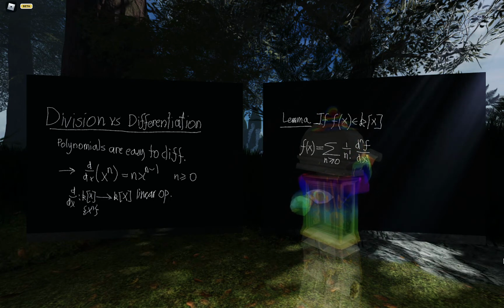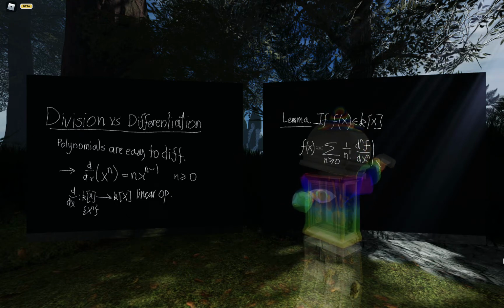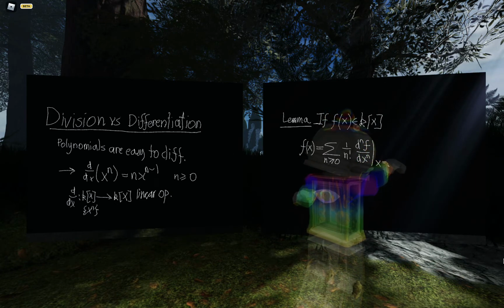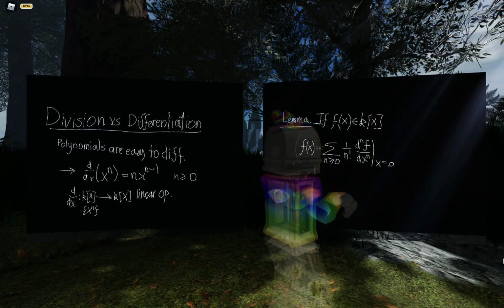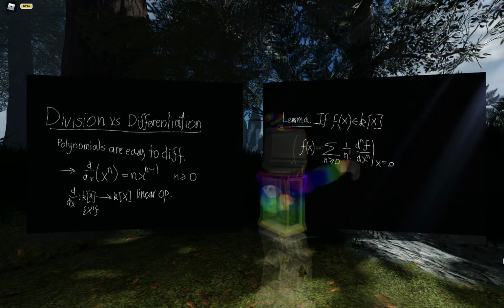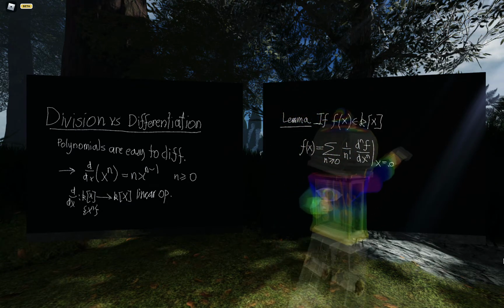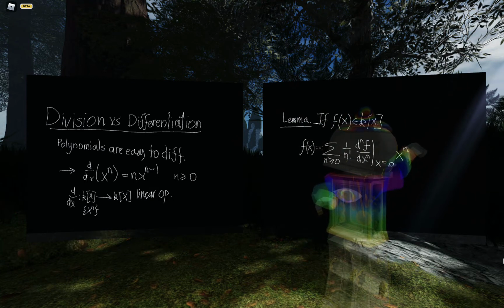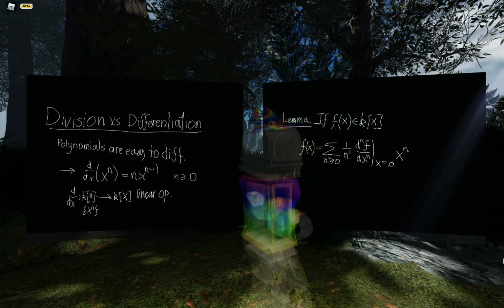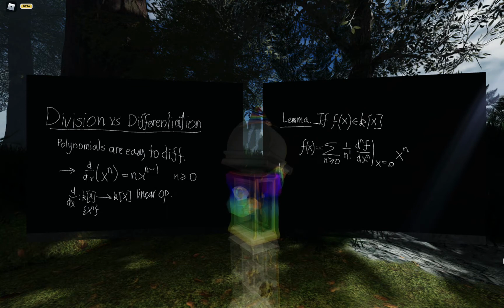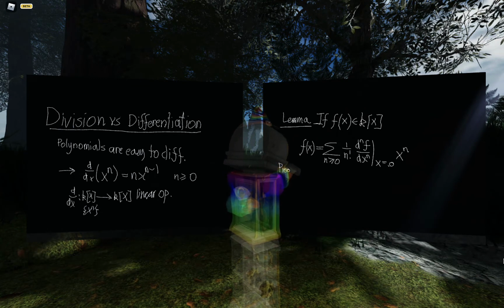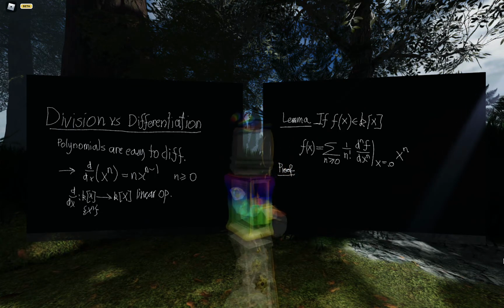So I differentiate f n times, and I set x equal to 0 in the resulting polynomial, and then I stick an x to the n here. Well, let's prove this. This is a finite sum. Maybe that's the first thing to observe.